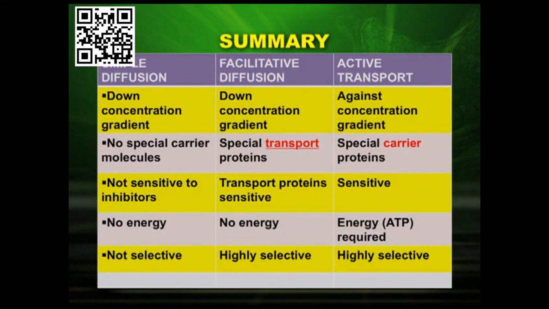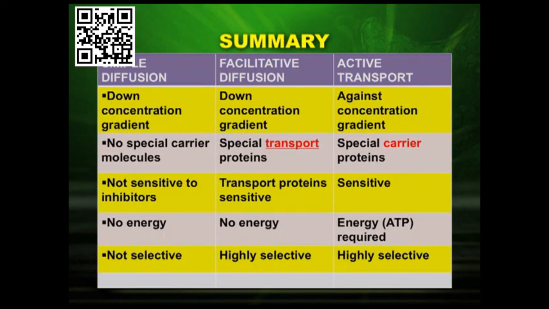In facilitated diffusion, special transport proteins are involved, and in active transport, special carrier proteins are involved. In simple diffusion, it is not sensitive to inhibitors. In facilitated diffusion, since there is a presence of proteins, the transport proteins are sensitive, and in active transport, again due to the presence of carrier proteins, it is sensitive.